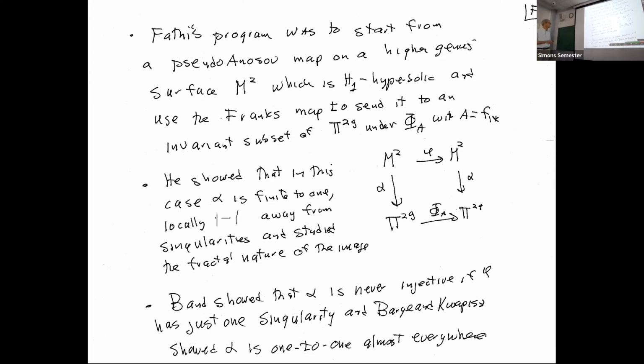It's finite-to-1, it's locally 1-to-1 away from the singularities. He gave some estimates on various forms of dimension of the image. Gaven Van showed that in a special case, if phi has just one singularity, it's never 1-to-1. Bargen and Kwapisz showed it's 1-to-1 almost everywhere with respect to the natural measure for the pseudo-Anosov.